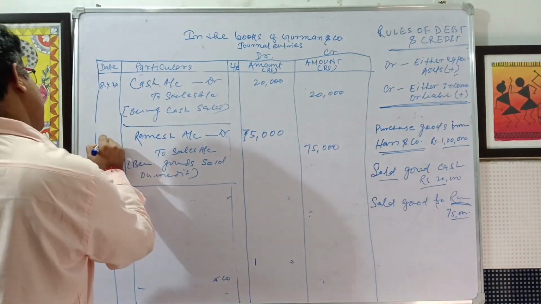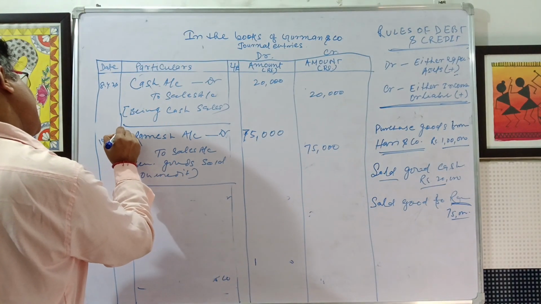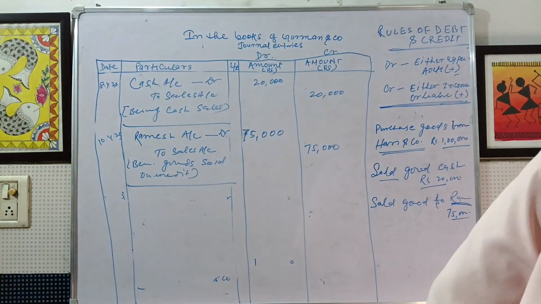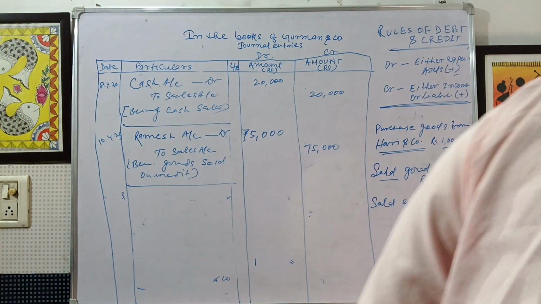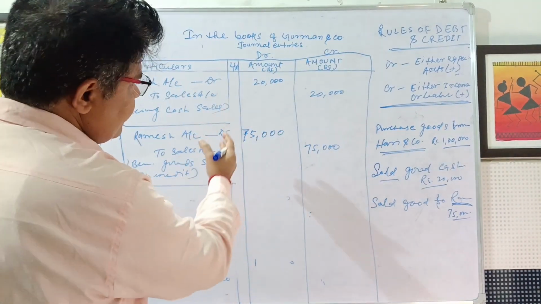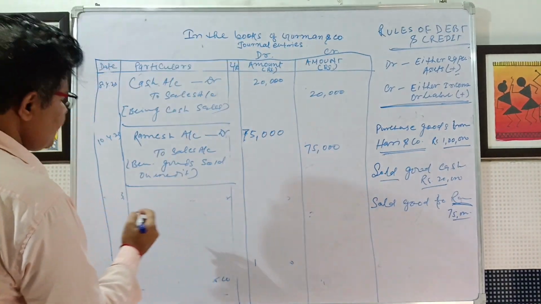Suppose that 10th. Next one is paid salary to staff in cash. Paid salary, so cash decreases here.